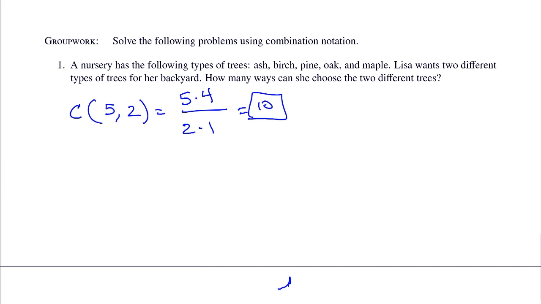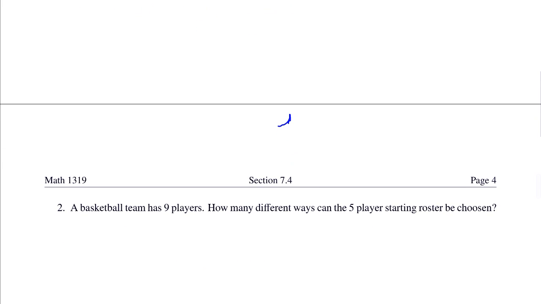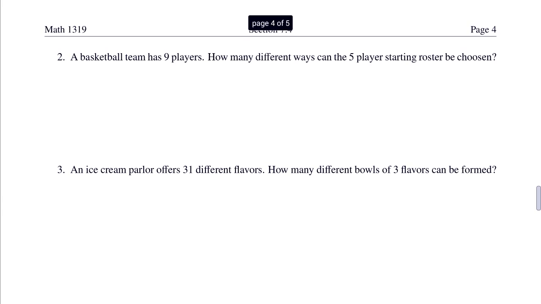When you choose 2 of the trees to come to your house and be in the backyard, you are explicitly not choosing 3 other trees to stay at the nursery. Isn't that neat? We'll get to other examples that are like that. But yes, choosing and not choosing, that's the same thing for choosing. It doesn't work with permutations. Permutations do not work that way, but choosing does.